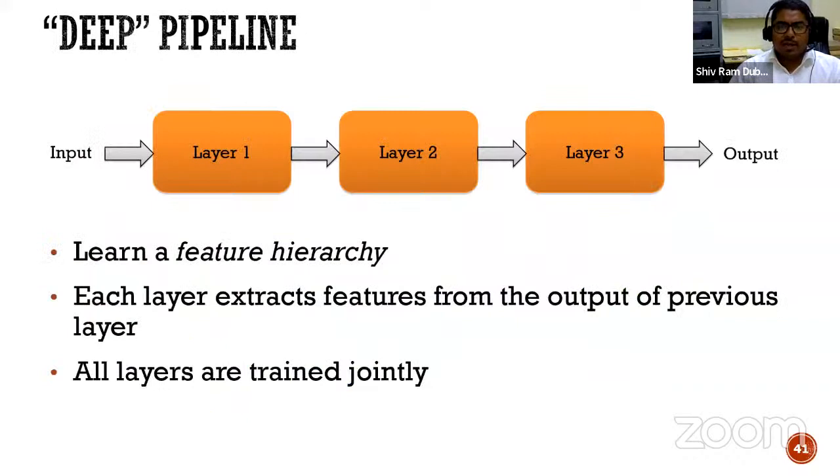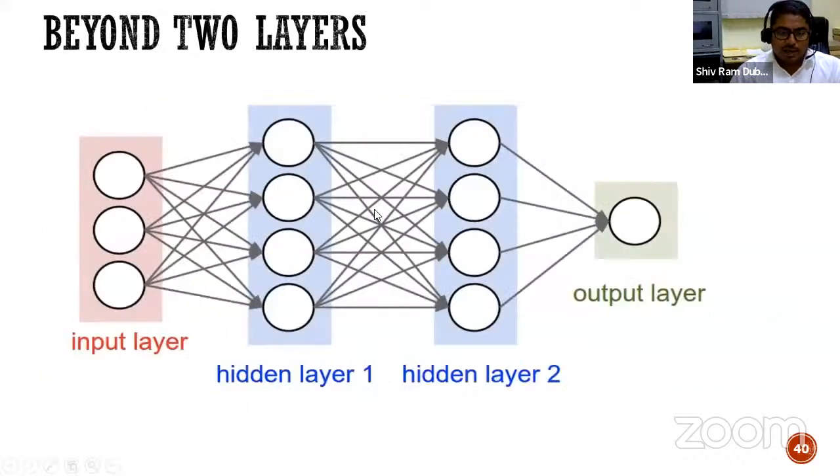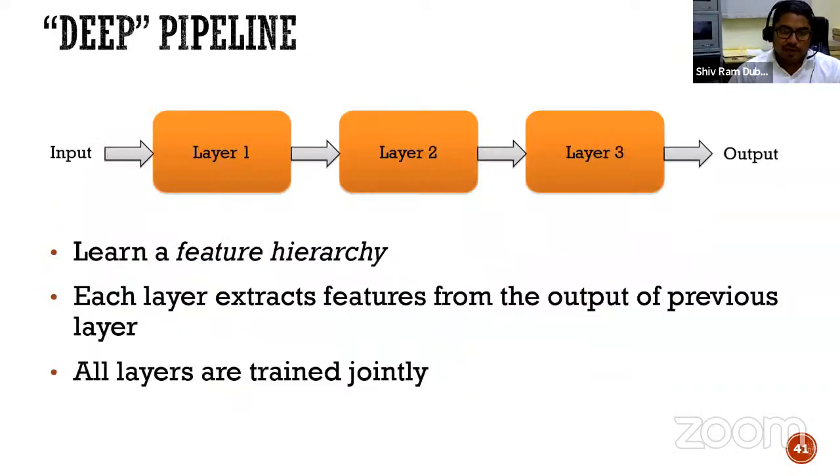Like that, we can have any number of hidden layers, and we can also have a different number of neurons in the different hidden layers. It becomes a deep pipeline where inputs are passed from left to right through the different layers, and ultimately it learns a feature hierarchy.